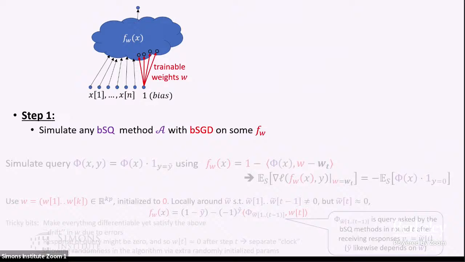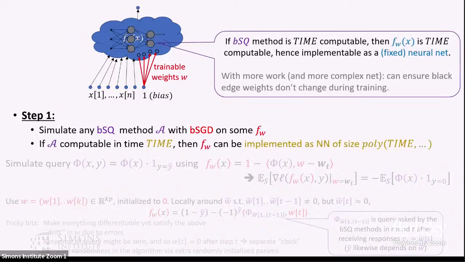Now the key is that if Adam's algorithm is actually a polytime algorithm, then I can implement all these decisions of which query to make and all the queries themselves using a polytime algorithm, which means using a polytime circuit, which means I can implement them using a polytime neural net. So this entire function I can implement using some reasonably sized neural net.